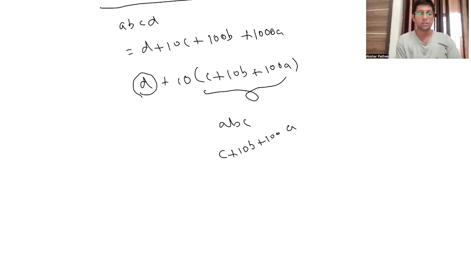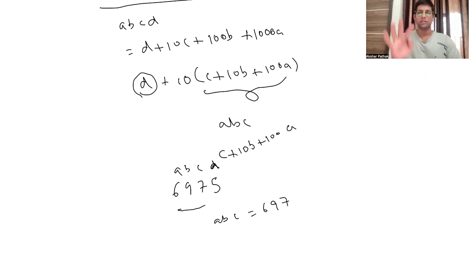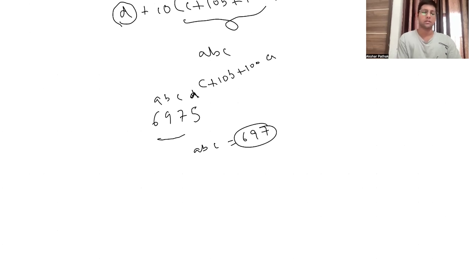So let's say 6975. So A, B, C, D. A is 6, B is 9, C is 7, and D is 5. So what I was talking about is 697. ABC is 697. C plus 10 times B plus 100 times A means 7 plus 10 times 9 plus 100 times 6.